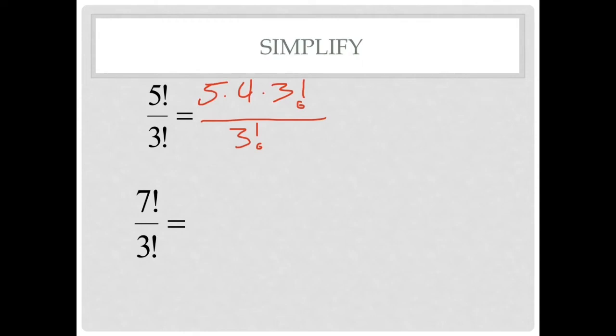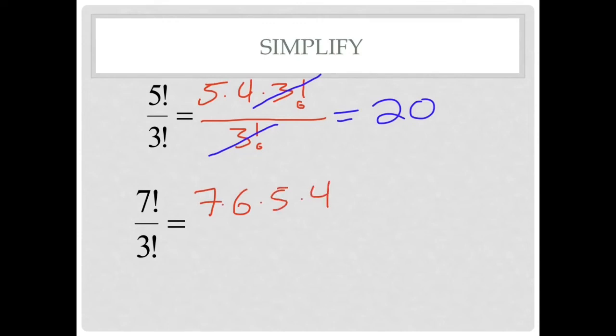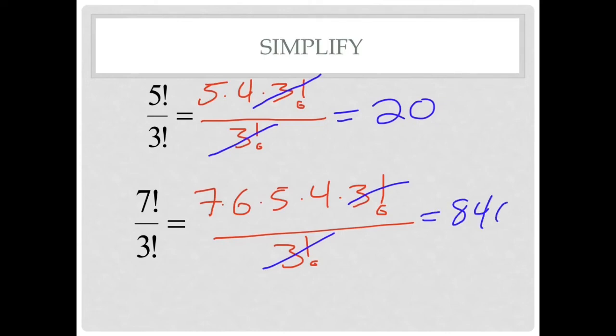Because at this point, 3 factorial will cancel out for both, and I get simply 5 times 4, which is 20. You can do the same thing for a second example. So 7 times 6 times 5 times 4 times 3, and I can stop there and divide by 3 factorial, because again, those 3 factorials will cancel out, and I get as my final answer 840.